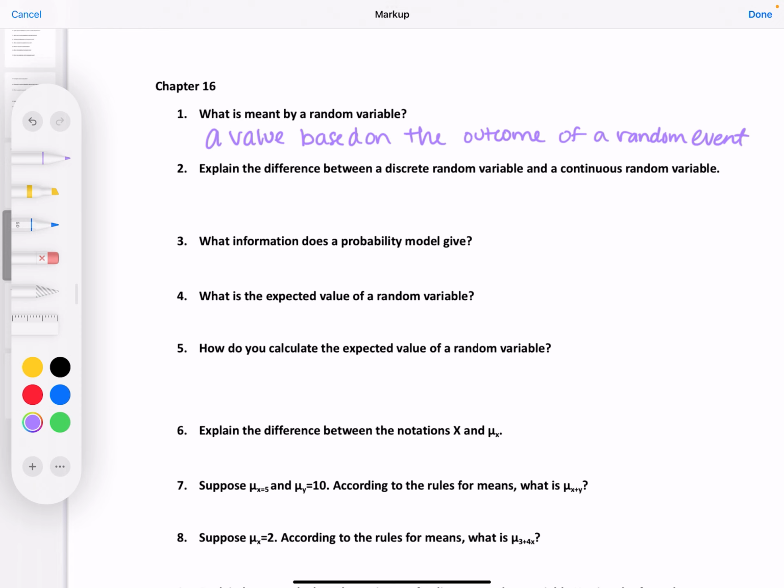Explain the difference between a discrete random variable and a continuous random variable. For discrete, it's a variable where we can list out all possible outcomes.